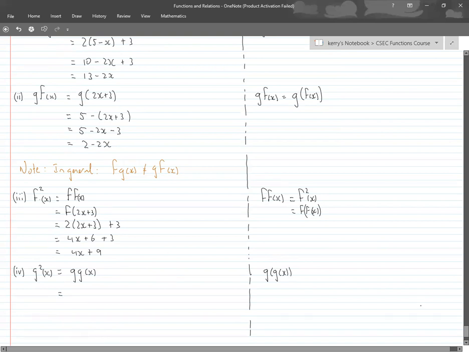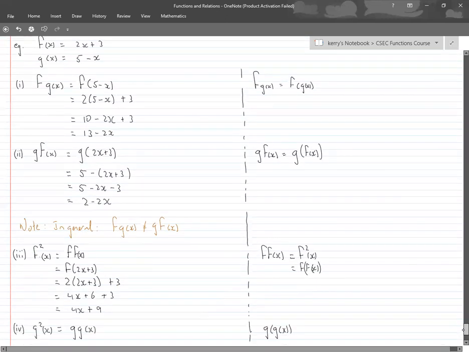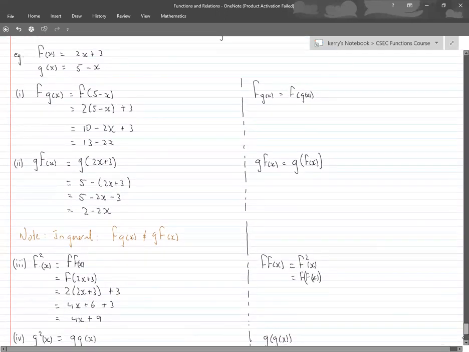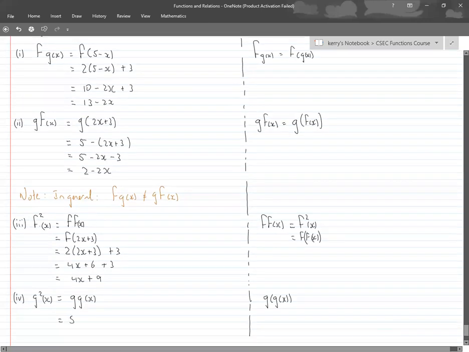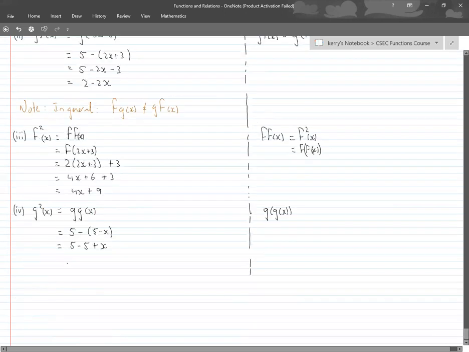So g of x, if we scroll back up a little bit, is the function 5 minus x. So it's 5 minus the input, but the input is g of x. So 5 minus (5 minus x), which will give me 5 minus 5, and minus by minus is a plus x, which will just leave me with x. 5 minus 5 is 0, 0 plus x is x.